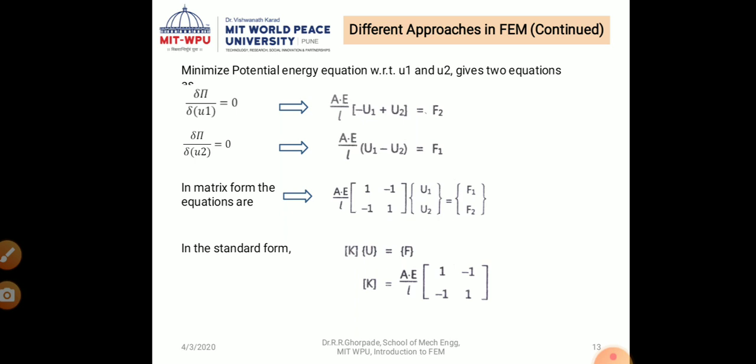So these two equations can be put in a matrix form, which is the similar equation as we discussed using a direct equilibrium approach also, that is direct force approach, as the first approach. So this is the equation based on variational approach. So in standard form that equation and the stiffness matrix is given as similar to earlier case.